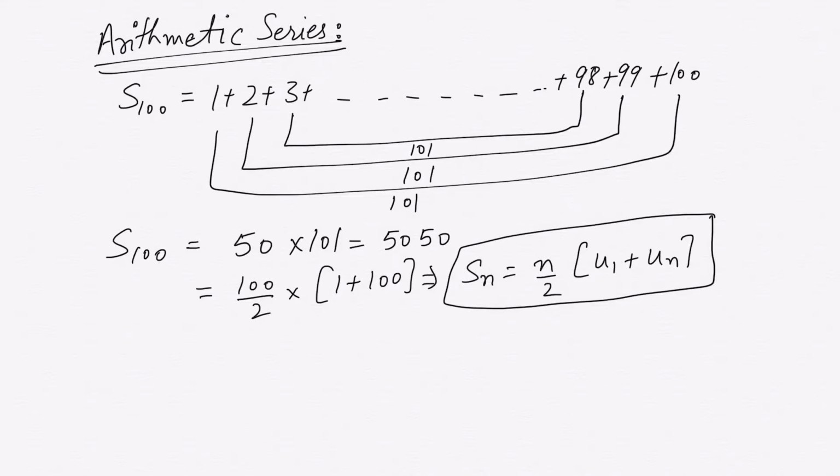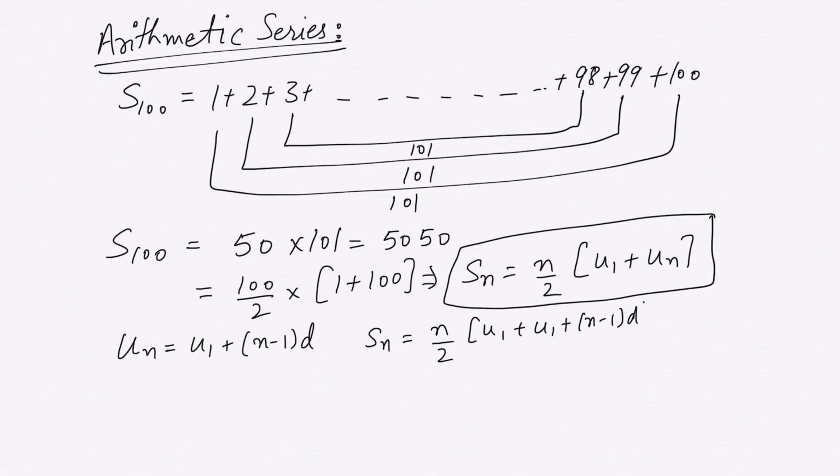Now you also know that un, the general term of an arithmetic sequence, is given by u1 plus n minus 1 into d. So in the above formula, if I replace un by u1 plus n minus 1 into d, what will I get? Let's see.